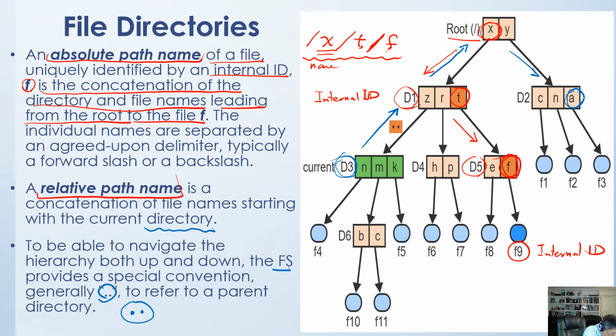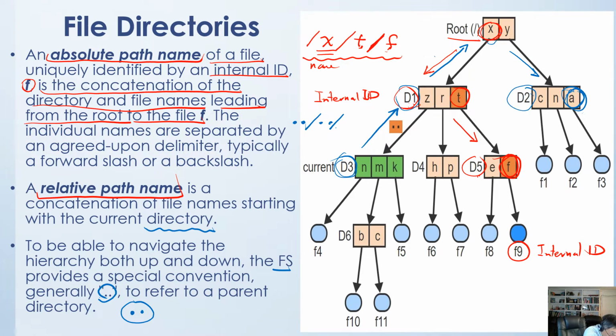So that means from D3, if you try to access the file A, you need to go up with two dots, and then the / to separate this. And then from here, you need to go up again, so two dots. So then you reach the root. Now from the root, you're going to access the directory D2.